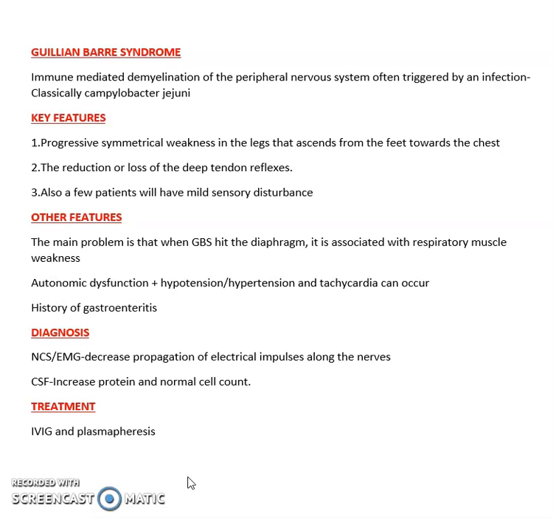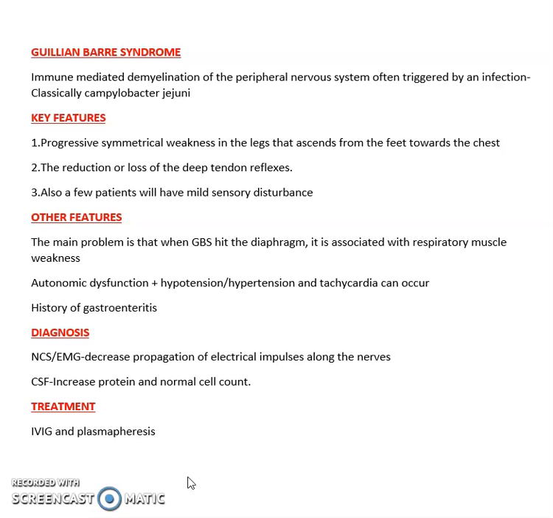Then the other feature is gastroenteritis. Now, we have a lot of questions that paint the scenario of a patient who had diarrhea a couple of days back or 1 week back, then suddenly started having, and then progressively started having ascending weakness beginning from the lower limb.